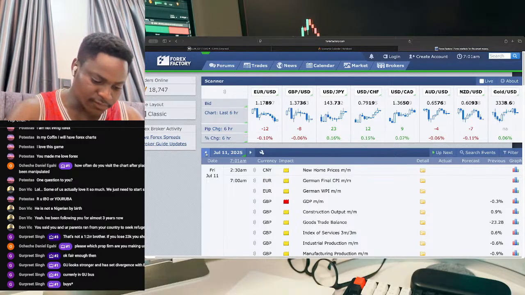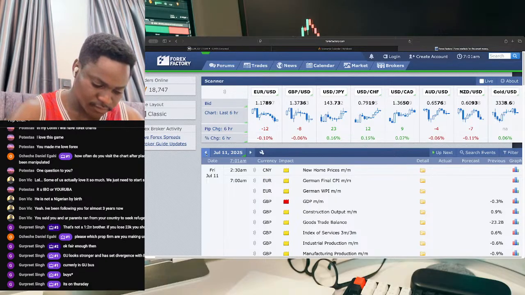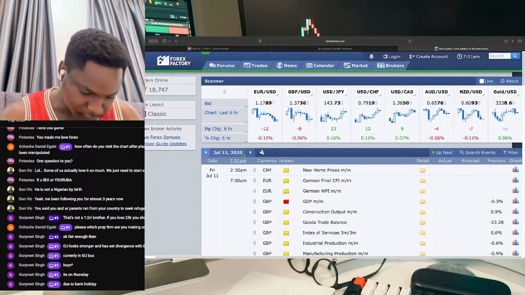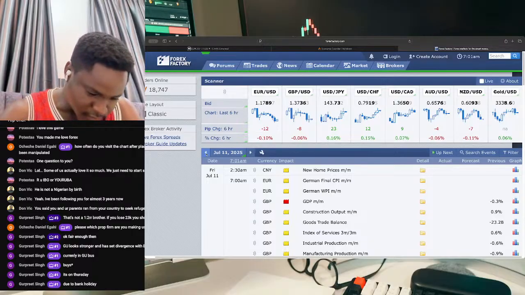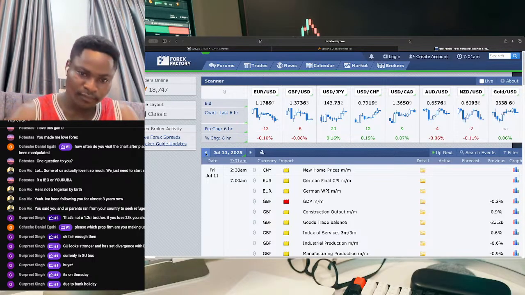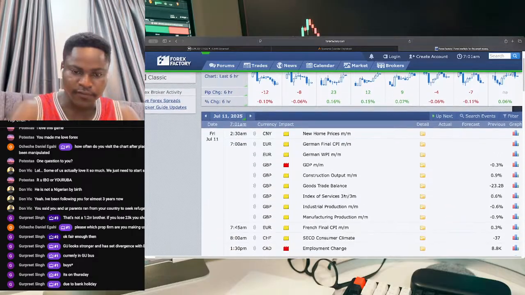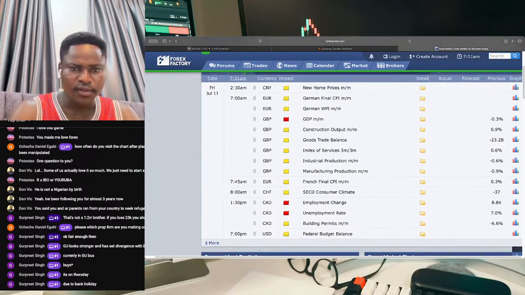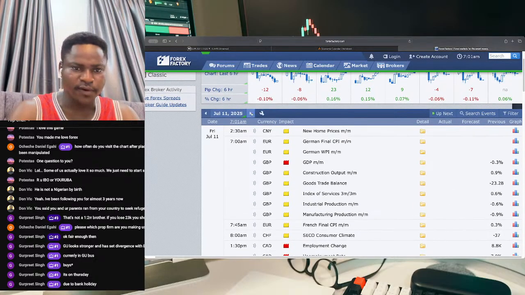When is next? Let me even go to my calendar. Next week, Friday is gonna be 11. We're supposed to have NFP here. There's no NFP. Maybe it's supposed to be on Friday.